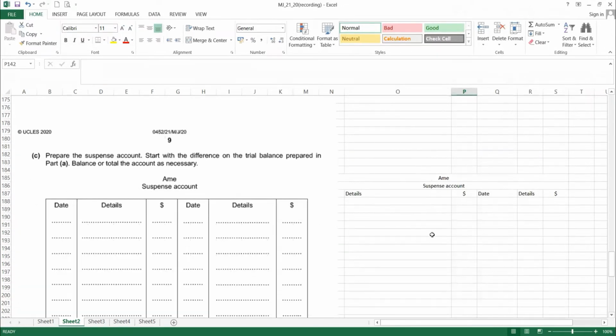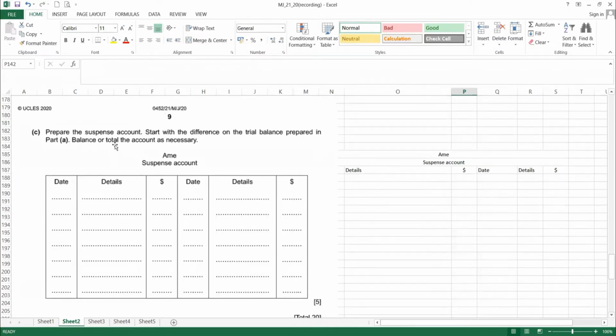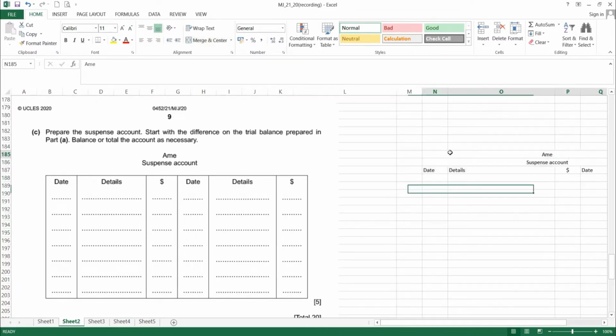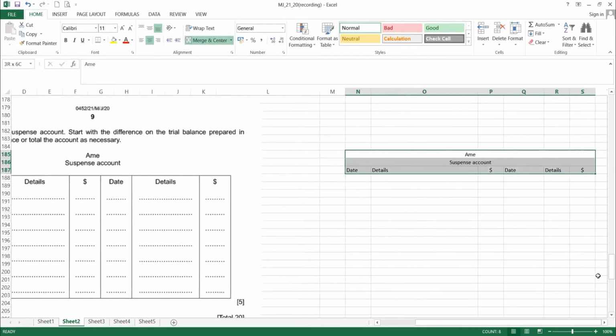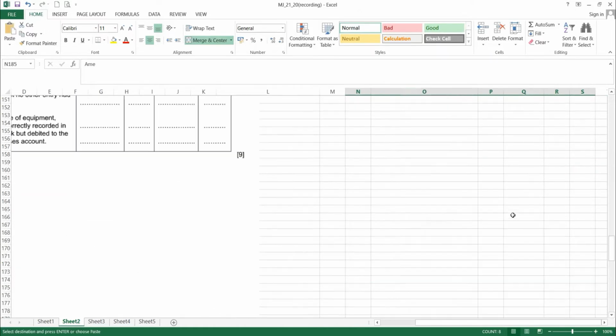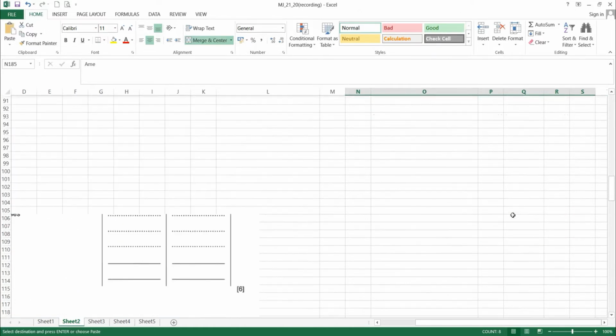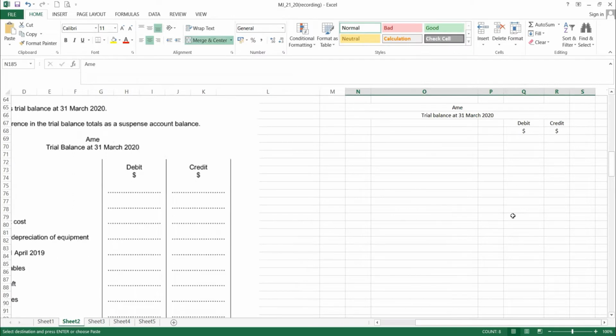Okay, now let's continue. Here they ask to prepare the suspend account. Start with the difference on the trial balance. So what is the difference on the trial balance? Go up to the question, see what is the trial balance.